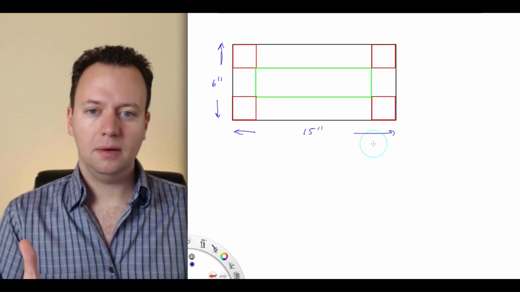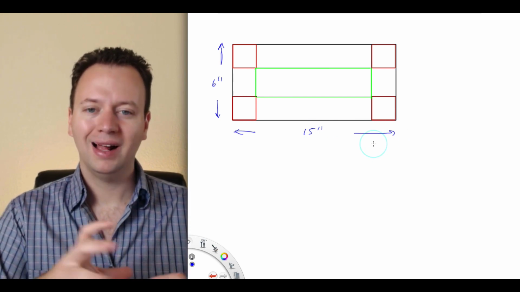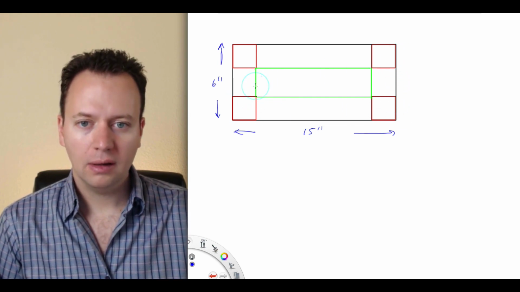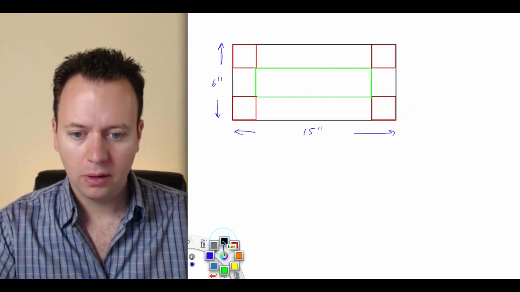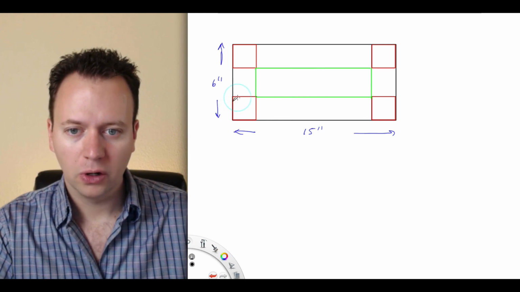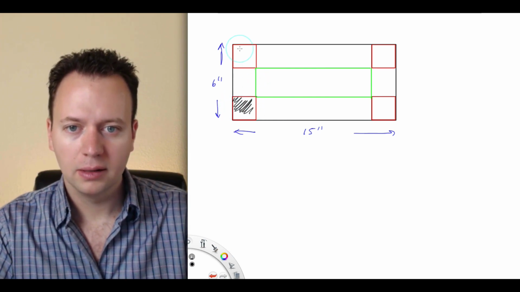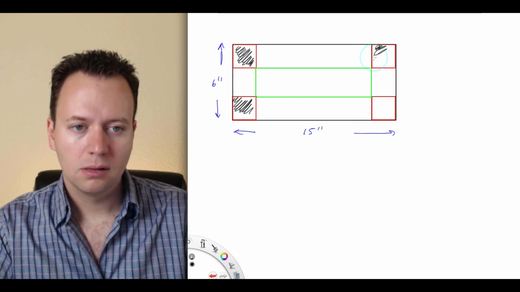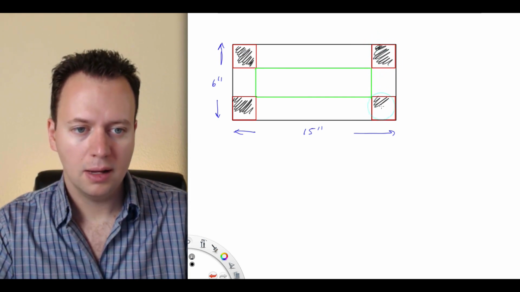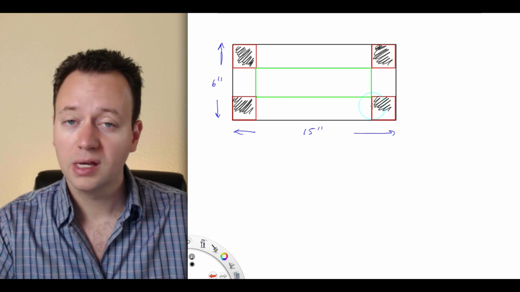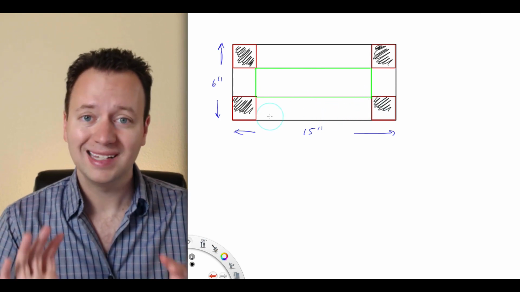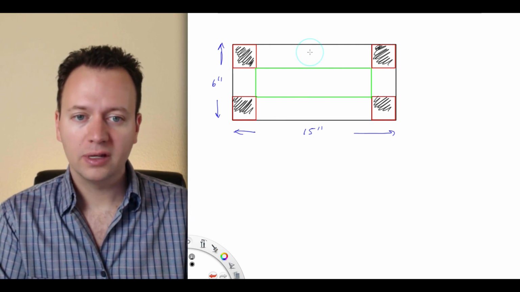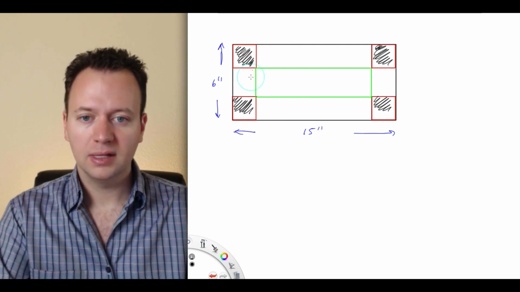And you can see the pattern of how I'm cutting the cardboard. I'm cutting the square out of each of the corners. So now these corners are missing. Gone, gone, gone, and gone. And these pieces become flat. So I'm going to fold this piece upward, fold this piece upward, fold this piece upward, and then this piece gets folded.